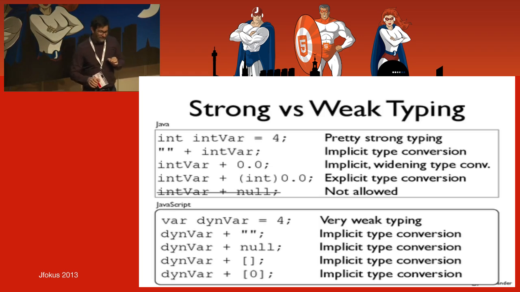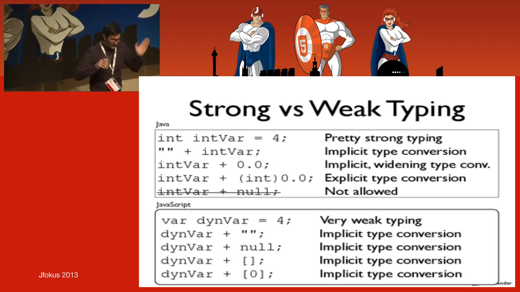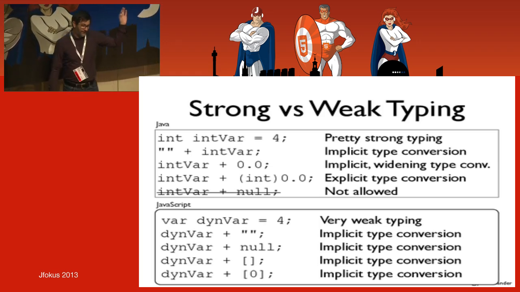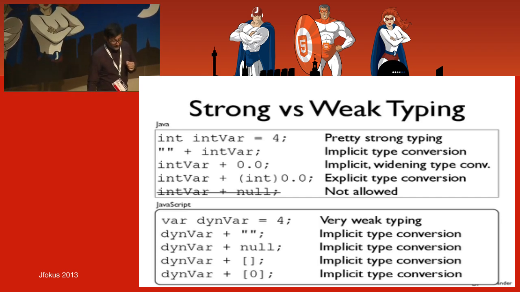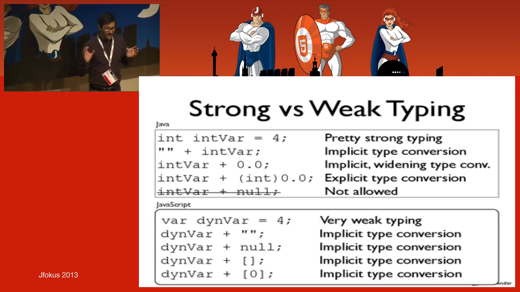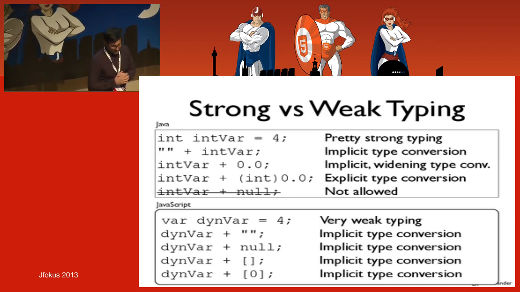So, looking into strong versus weak typing here. Java on the top again. We declare statically that the int var has the primitive type int, and we assign it a value of 4. And in this case, we will be sure that int var is still of the type int.